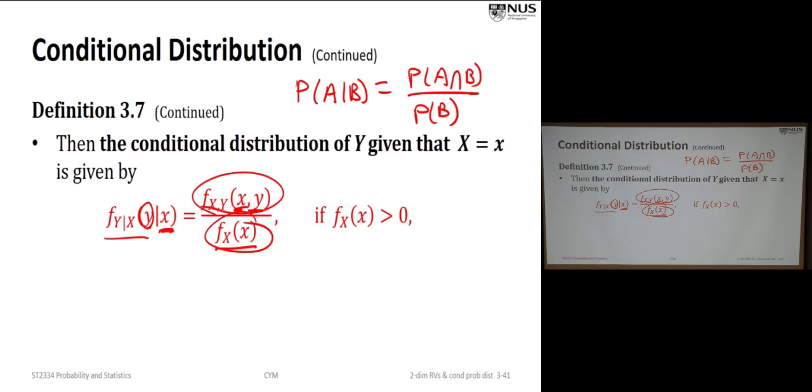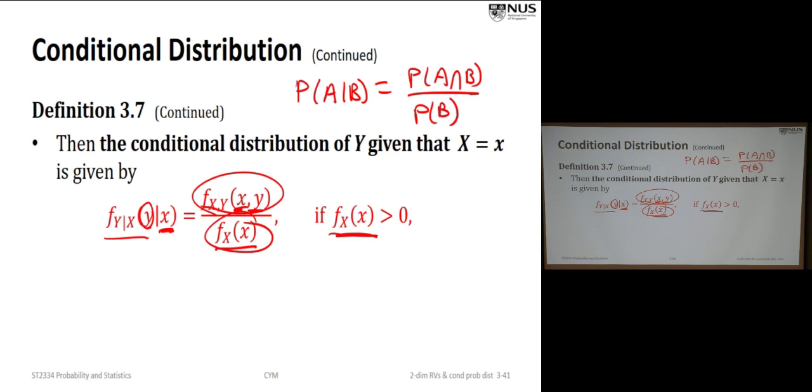Of course, the definition is only valid when the marginal is bigger than 0. You cannot have a denominator being 0. Now, this is the definition. So suppose I have the joint PDF and the marginal of x, I divide and simplify, and I get the answer.